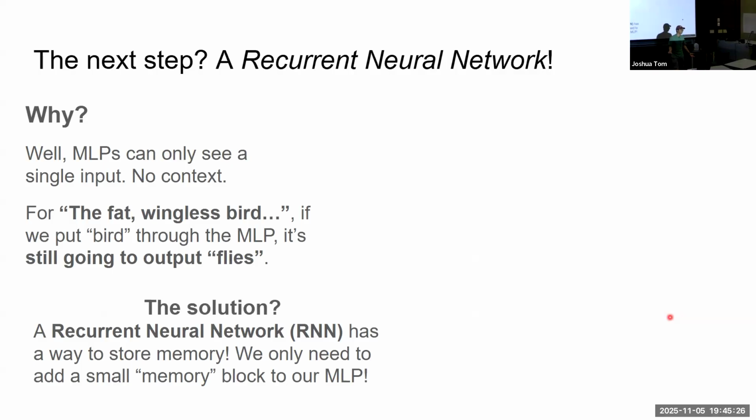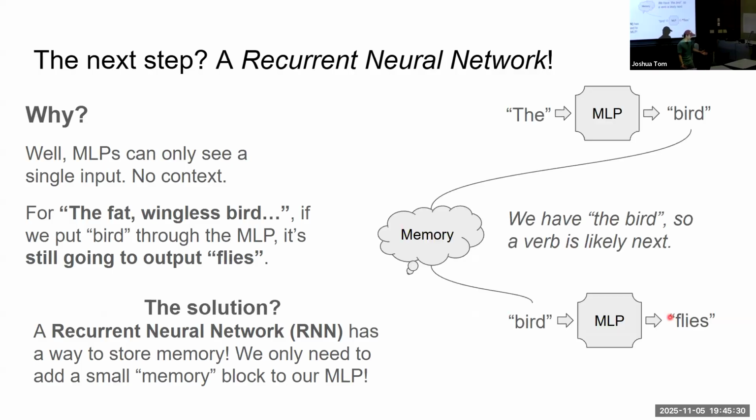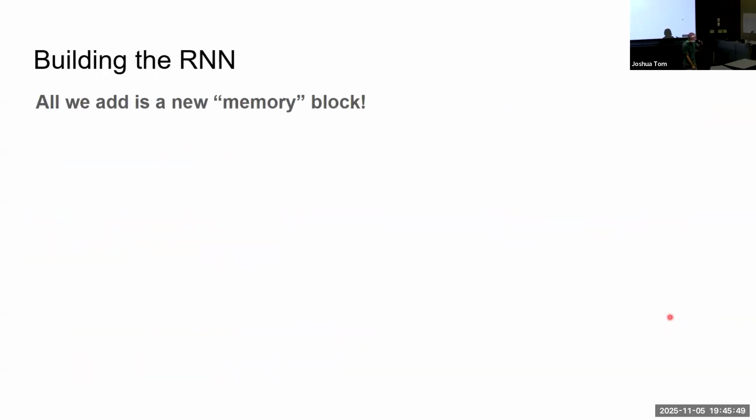I'll elaborate on what it actually is storing, but in this specific case, we have the bird, boom, we save that to memory where, hey, we have the word bird, so then we should output a verb next. That's kind of what an RNN is doing, like that's the thought process.